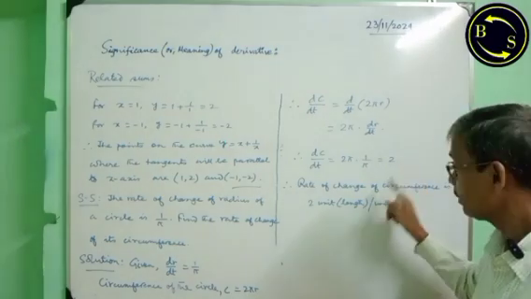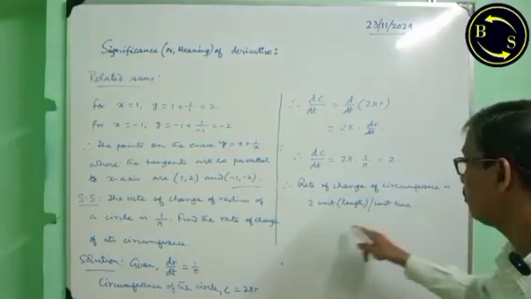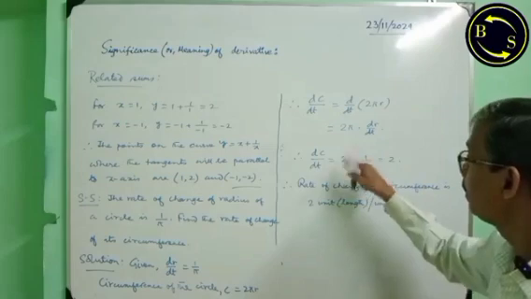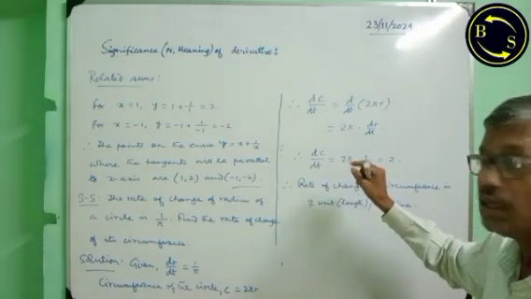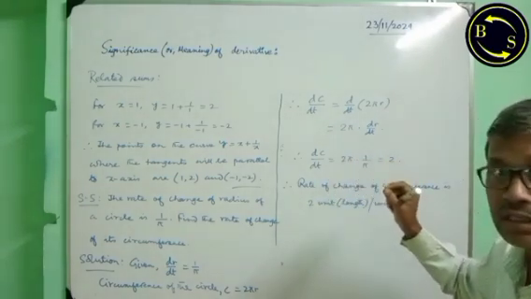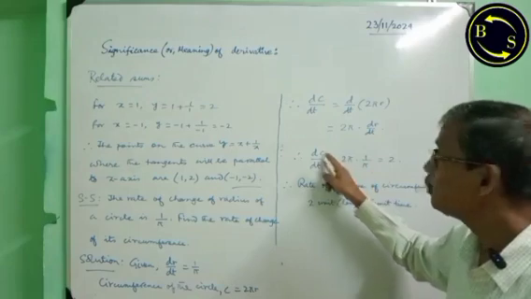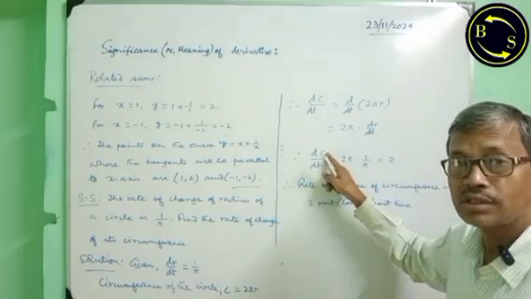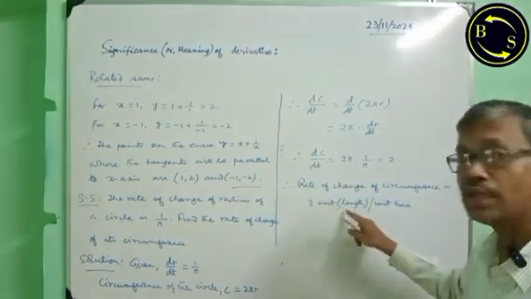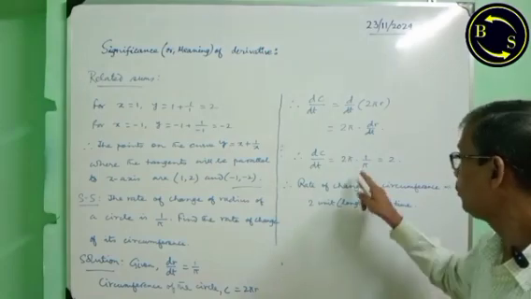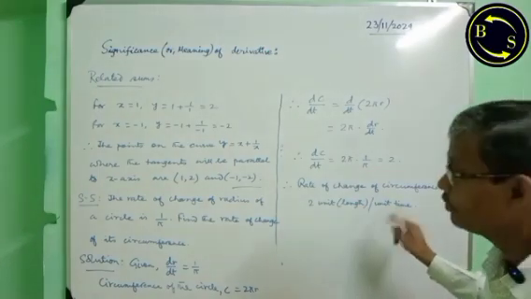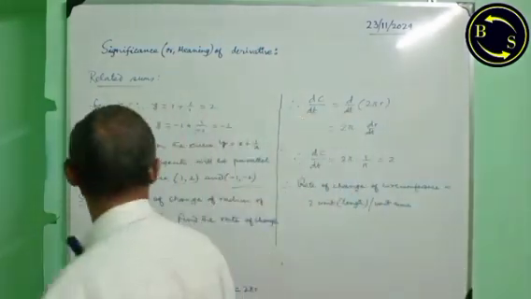Therefore, that is constant. Therefore, rate of change of circumference is 2 unit. Here, we have to mention the proper unit. C/t for C length, that is 2 unit, that is of length, and t means unit time. Therefore, the sum is solved.